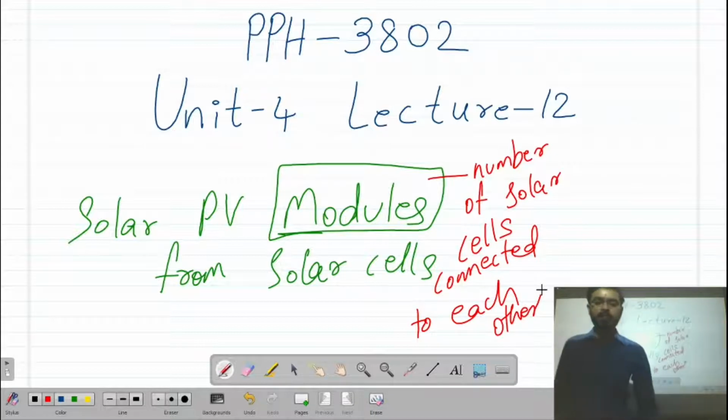Modules are nothing but many solar cells connected to each other in series and parallel connection for the increase in the total power of solar cells.